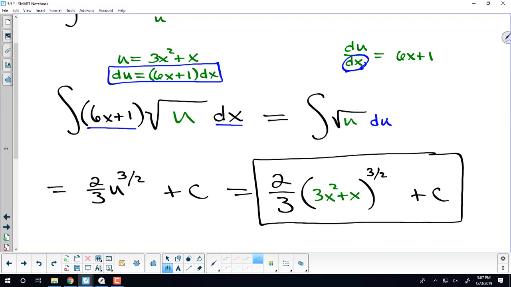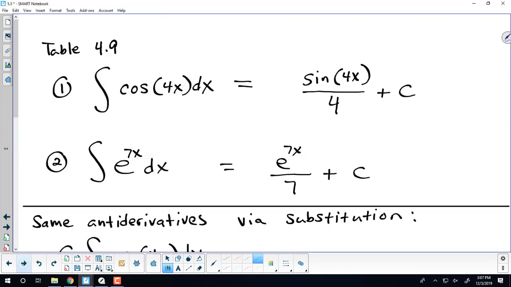It can be a constant multiple of your derivative, or something else. So even this process isn't as straightforward as these first few examples would indicate. Let's see if we have a different example.